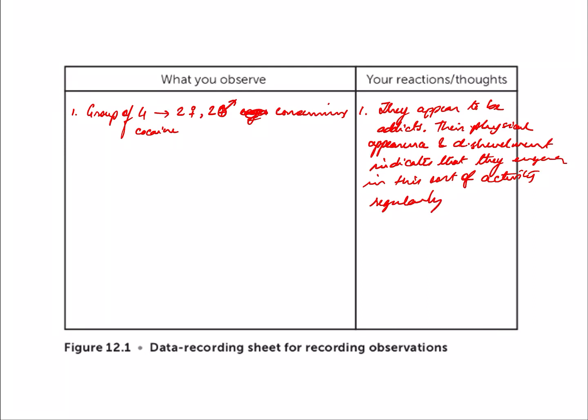Now keep in mind, your reaction thoughts are everything that comes to your mind when you observe this. The observation tends to be very objective. Similarly, if you see 2 people jumped the line when purchasing tickets.